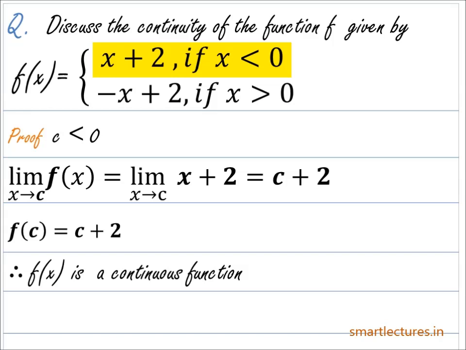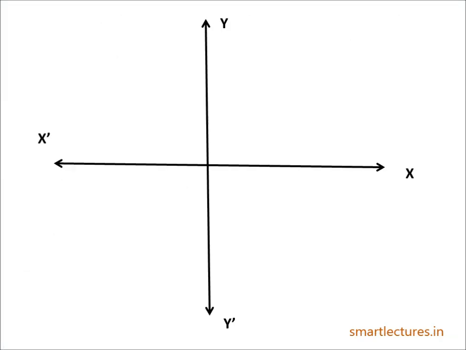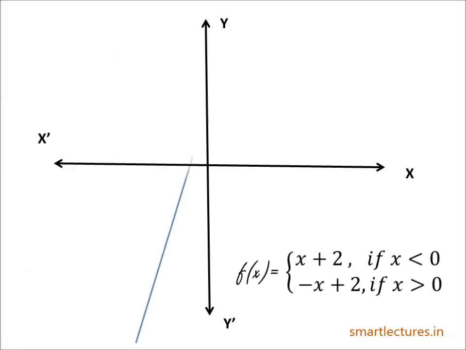And also if you draw the graph of this function for this range, you will find that it is a straight line, and we can draw the graph of this function without lifting the pen from the plane of the paper, which further proves that the function f, which is equal to x plus 2 for x less than 0, is a continuous function.